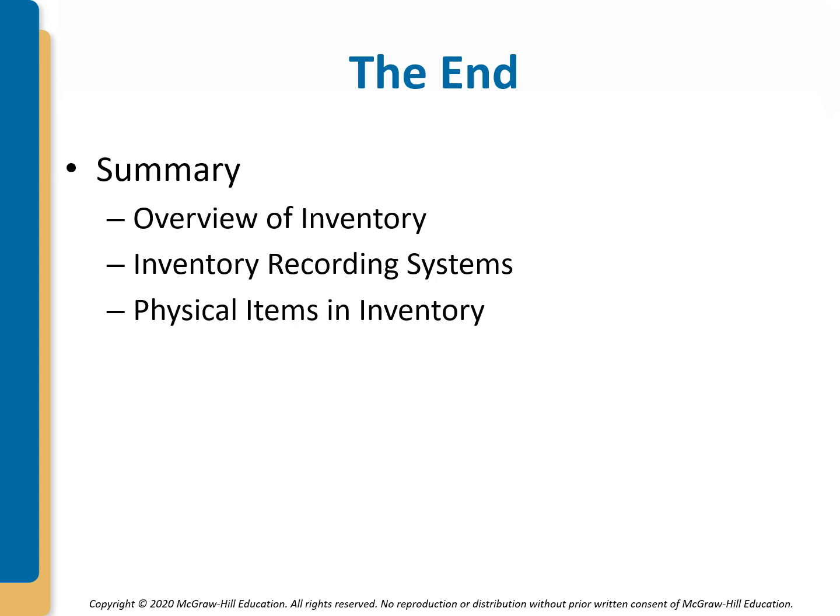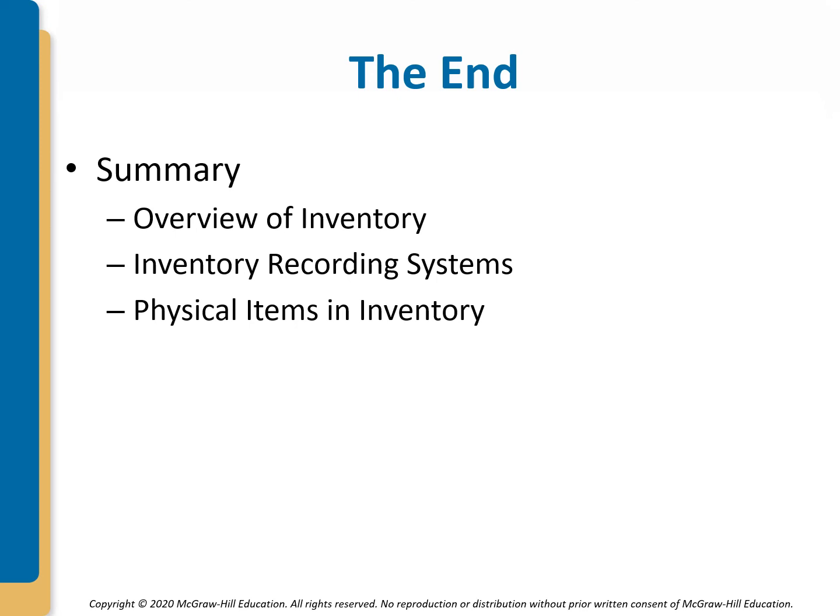The perpetual inventory system continuously makes changes to the inventory account and to cost of goods sold as we are transacting or as we're going about the ordinary course of business.